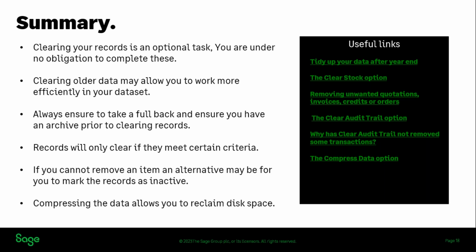Regardless of what you're clearing, it will only clear it if it meets certain criteria. And if you can't remove an item, we do still have the option to mark it as inactive and then hide the inactive records from the main windows. And the final step there is that compression. Compressing the data allows you to reclaim that disk space that's been freed up through deleting the records.